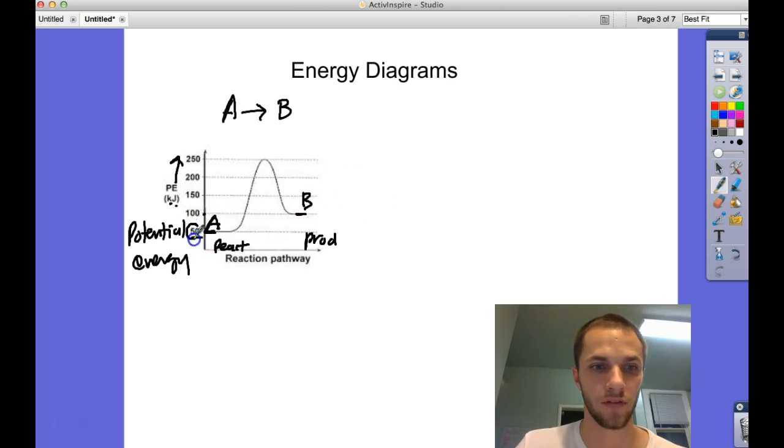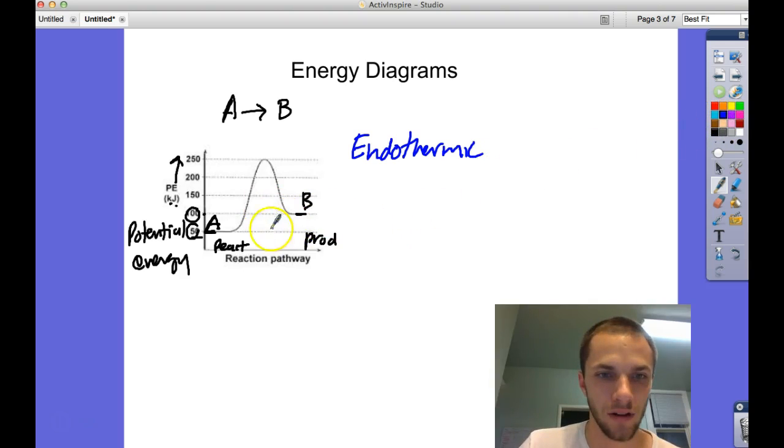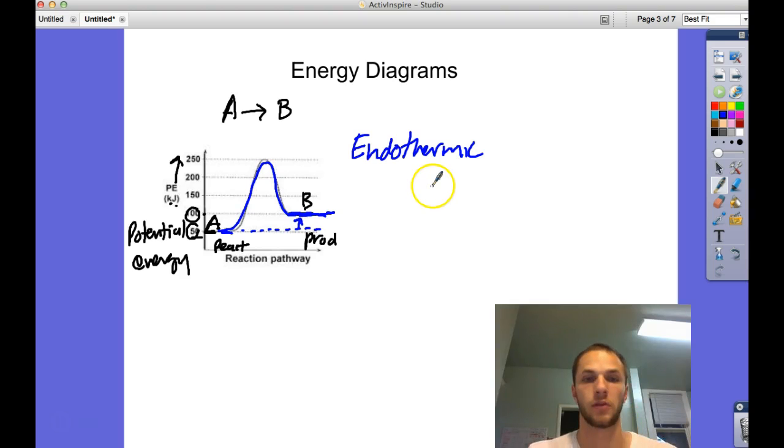Well, if it started at 50 and it ended at 100, it clearly gained energy. So this type of curve is for an endothermic process. The best way to tell is your starting energy is less than your final. We had to add energy to this. So if the ending point is higher right here than my starting point, the process is going to be endothermic.